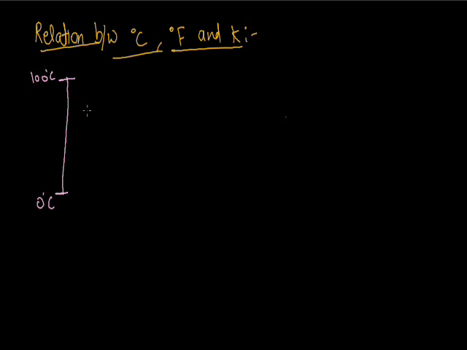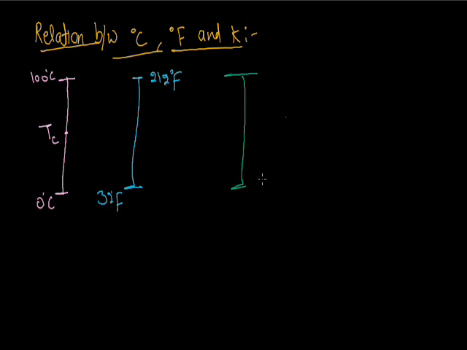This is the Celsius scale, and here is the temperature T. Now, this is the Fahrenheit scale. This is 0 degrees Celsius, which is 32 degrees Fahrenheit. That's the melting point of ice, and 212 degrees Fahrenheit is the boiling point of water. And next is Kelvin.